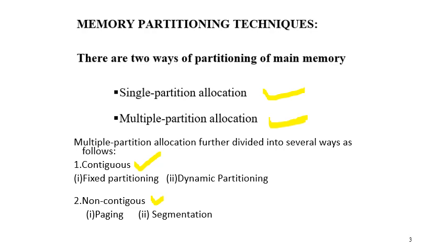The simplest partitioning method is dividing memory into several fixed-size partitions in advance. These are called fixed partitions, and each partition contains exactly one process. This is about the fixed partition.